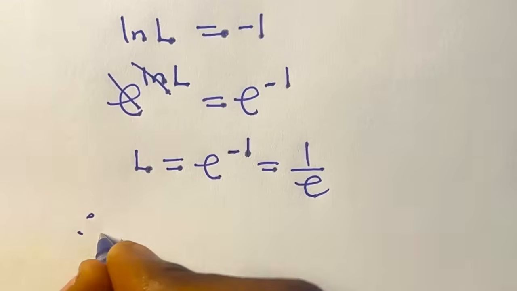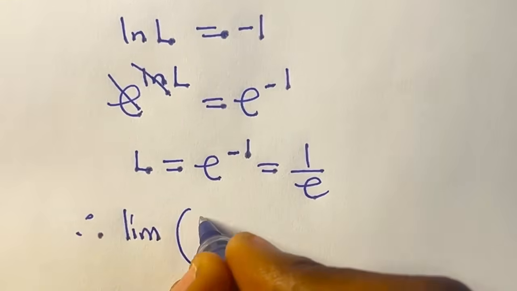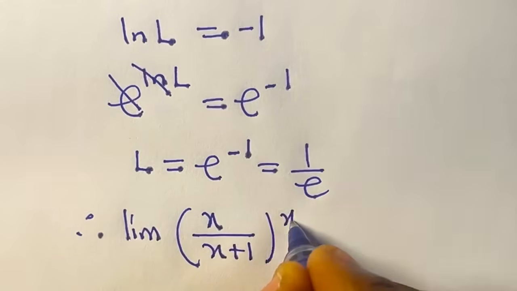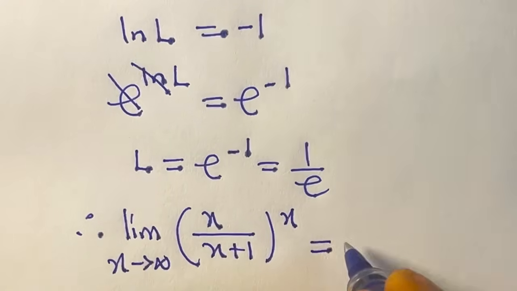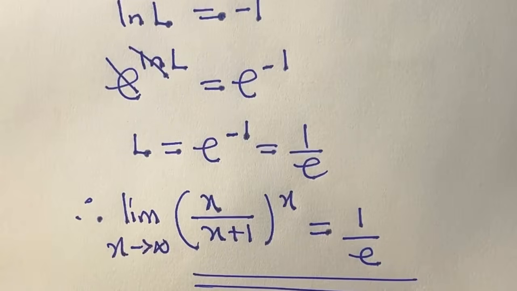So therefore our final answer for the limit of (x divided by x plus 1) raised to power x as x tends to infinity equals 1 divided by e.